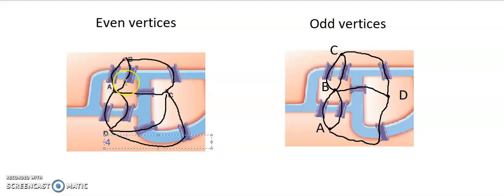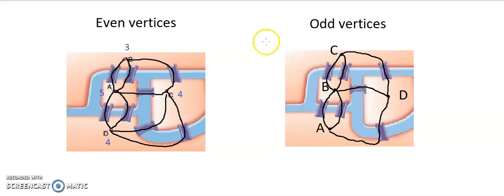Likewise, with my A, I've got 1, 2, 3, 4, 5. My B, I've got 1, 2, 3. And my D, I've got 1, 2, 3, 4. So we are starting to get some even vertices now compared to my odd vertices.